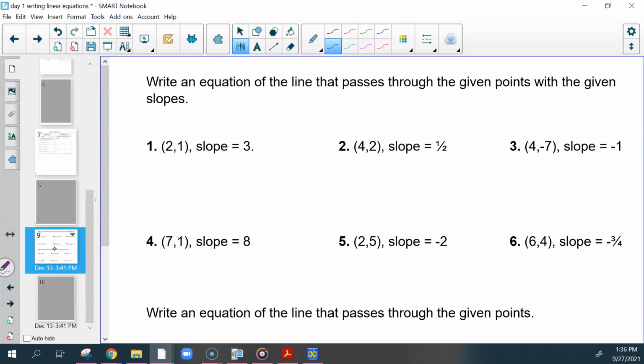So the next portion of writing equations is when you're given a slope and given a random point. Somewhere on top of this, I think you have extra space. Write this down. y minus y1 equals m times (x minus x1) in parentheses.